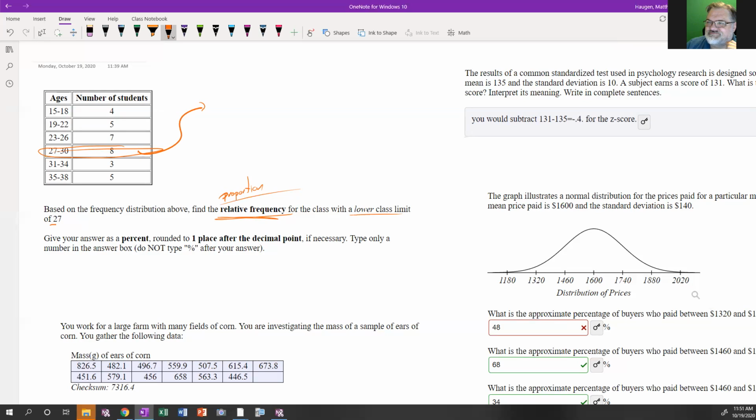So we've got to say, okay, how many individuals are in that class? There are 8 individuals in that class, and 8 out of how many total individuals were in our sample here. So we've got to total all this up to figure out that that is 8 out of how many. So what was it, 10, 20, is that 32?